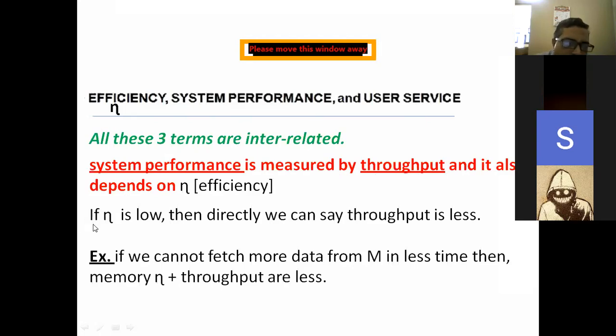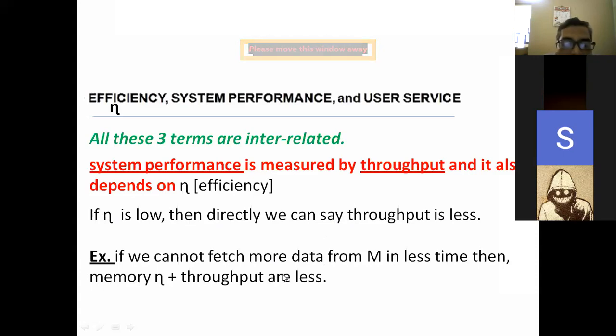A simple example: suppose efficiency is low, for example the efficiency of any circuit, design, or model. Then directly we can say that throughput will also be less, because efficiency and throughput are always related to each other. For example, if we cannot fetch a large amount of data from the memory in less time, then anybody can say that memory efficiency is less, and the throughput will also be less.